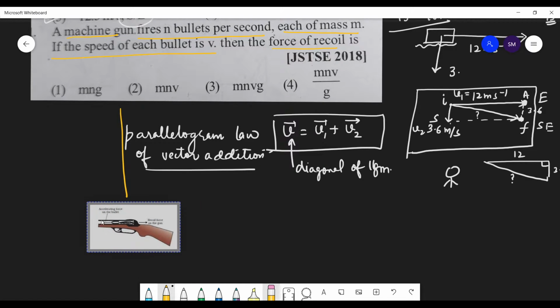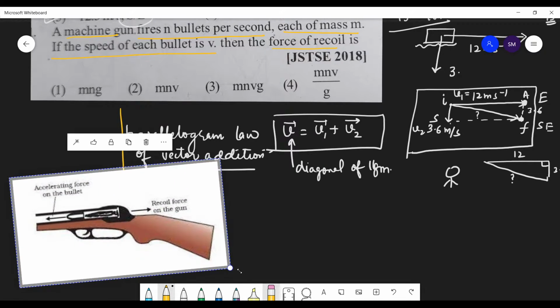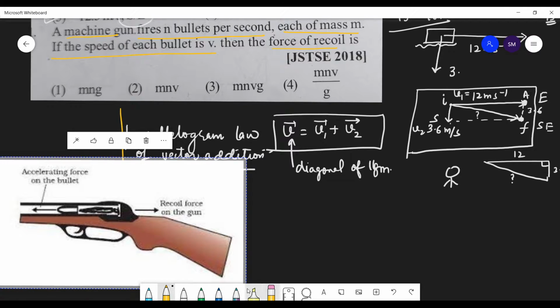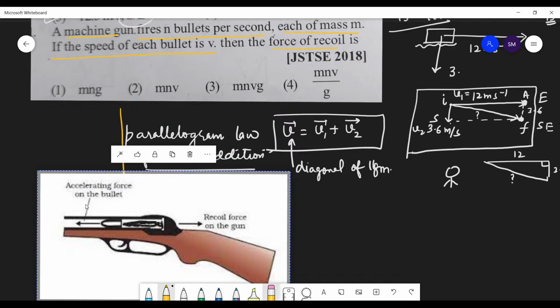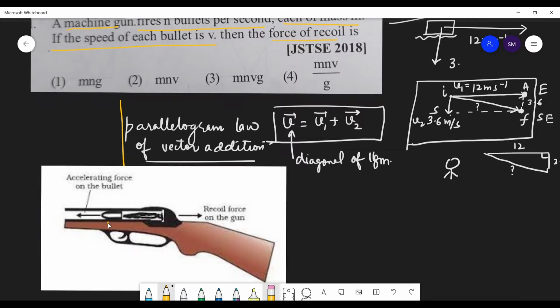So like this is the case. You have fired the bullet. This is your bullet, and you have fired your bullet in this direction. So the gun will recoil in this direction. That's the recoil force.